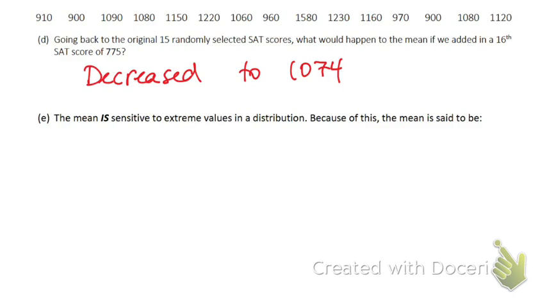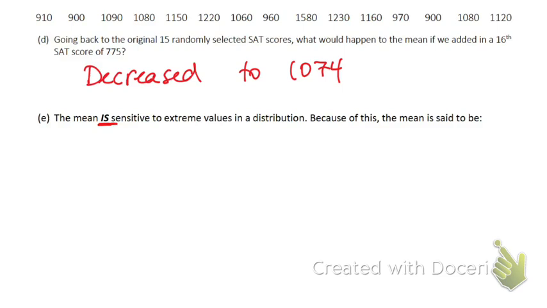So, what we have just experienced here is that when I start changing those outer extremes, those maximums and minimums, it is going to very heavily change the mean, right? We're going to be influencing our mean quite a bit. So our mean is sensitive to our extreme values in our distribution.